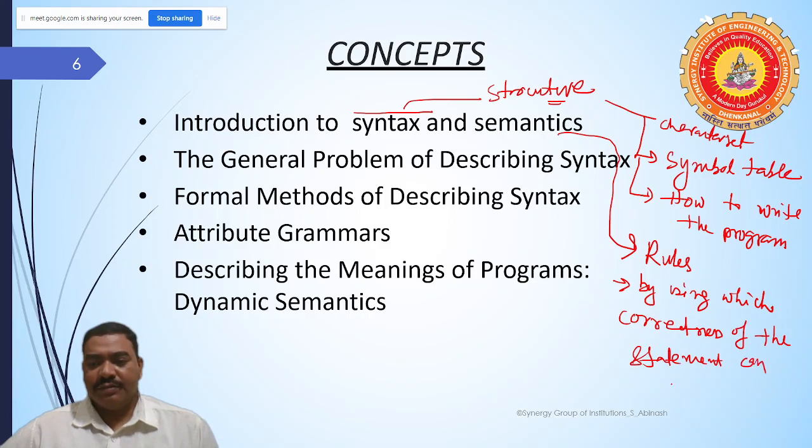Then formal methods for describing syntax, attribute grammars, what the properties of the grammar are, and describing the meaning of programs, that is dynamic semantics, the rules. So these are the concepts.